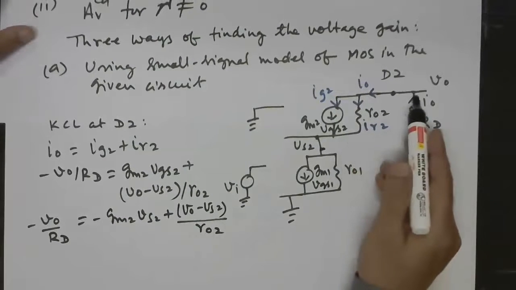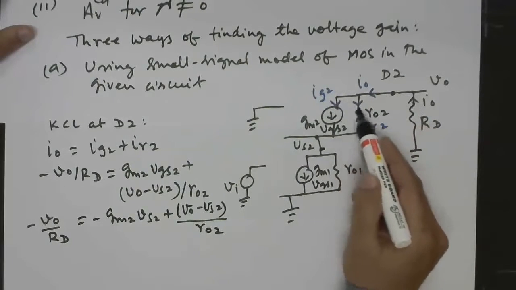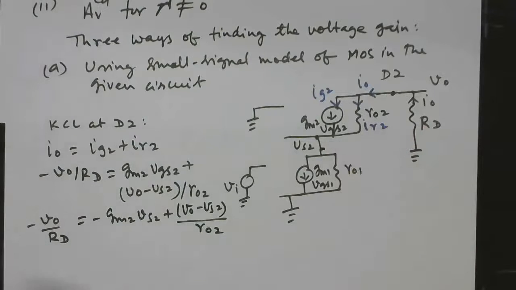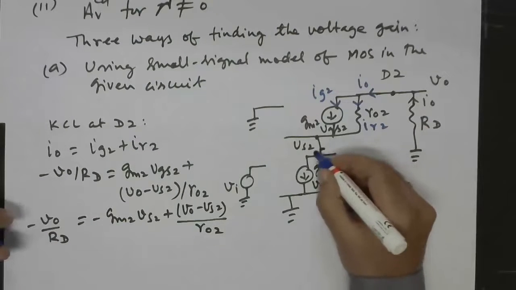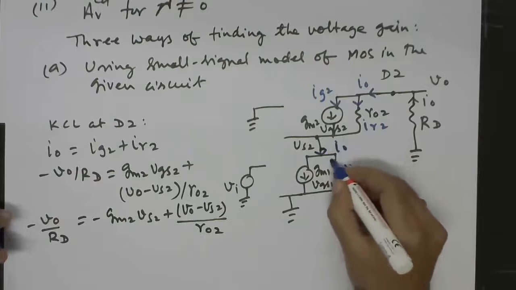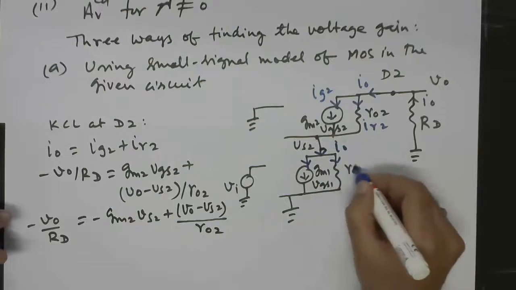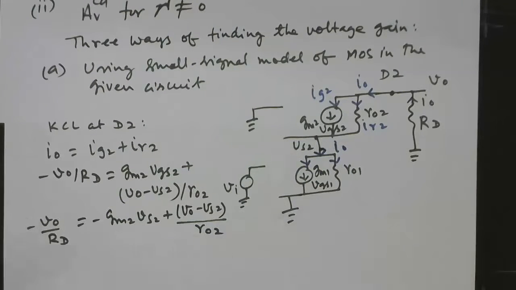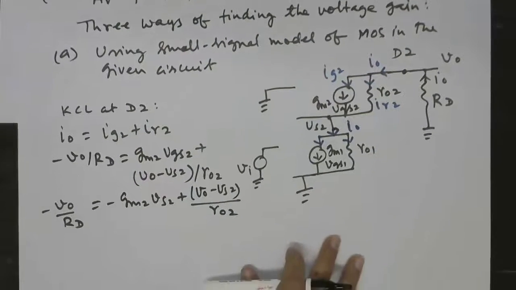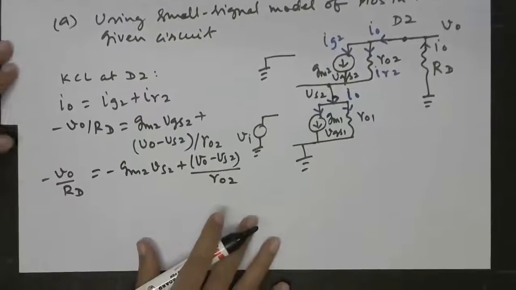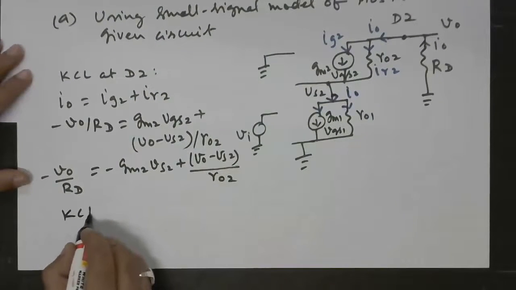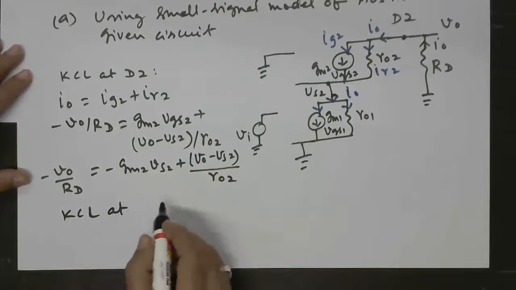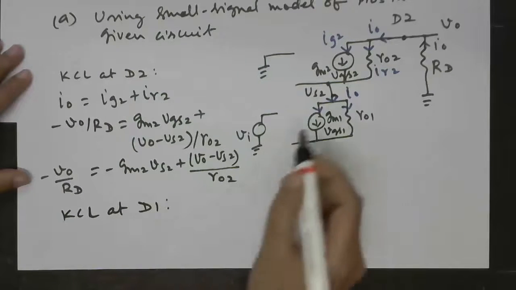Now the same current I0, it splits here, then combines and again starts flowing through the first MOS as well, I0, which splits into two different currents. So the second equation that we will have to write is KCL at drain 1.